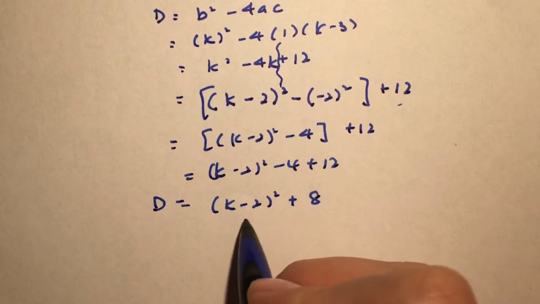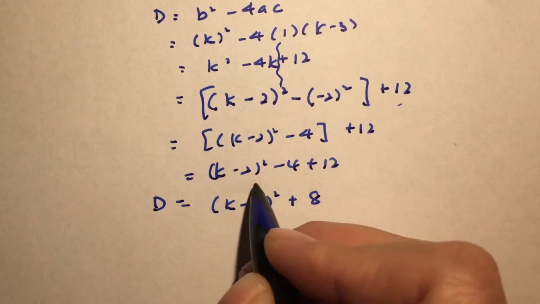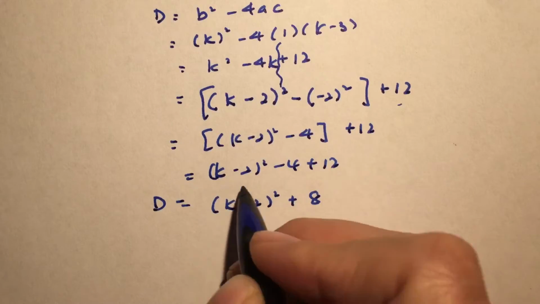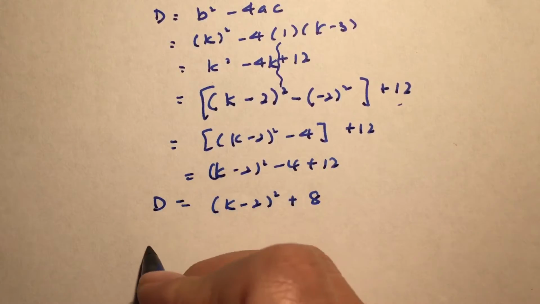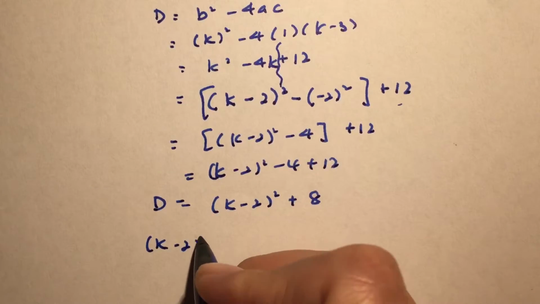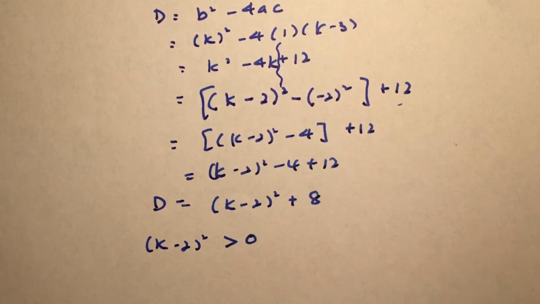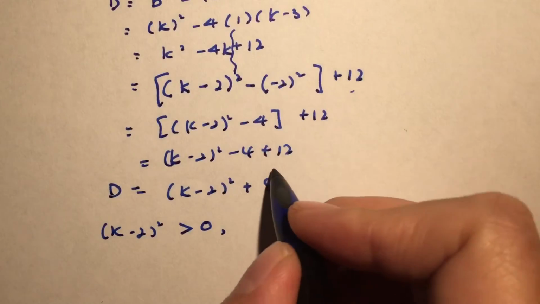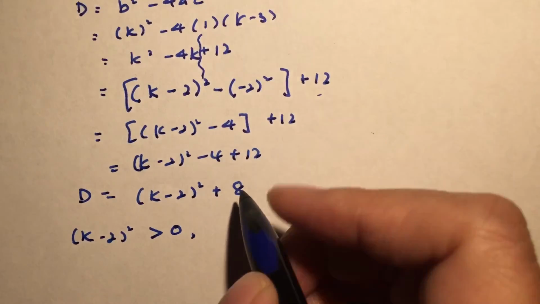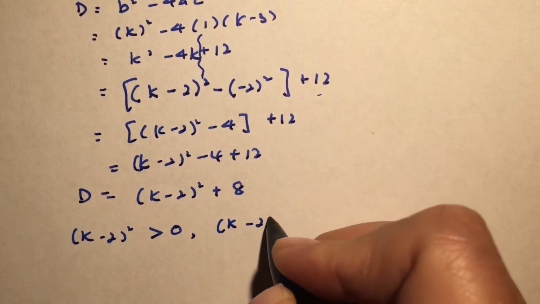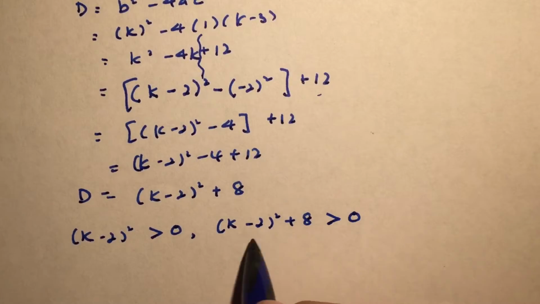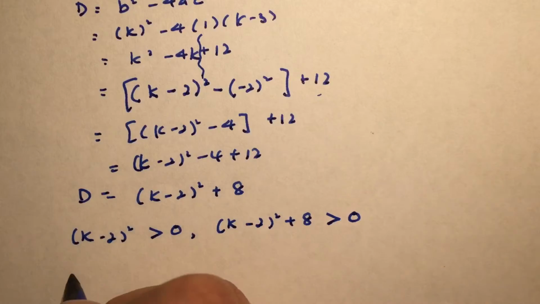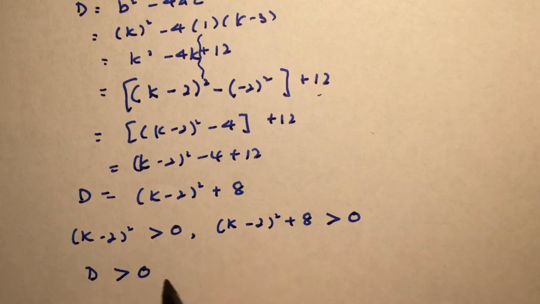Let's have a look. k minus 2 squared: whatever number you have in there, when you square it, it will definitely become positive, isn't it? So k minus 2 squared is definitely positive. And plus 8, isn't that positive as well? So I can also say that k minus 2 squared plus 8 is positive. So since this is your discriminant, I can say that my discriminant is positive.